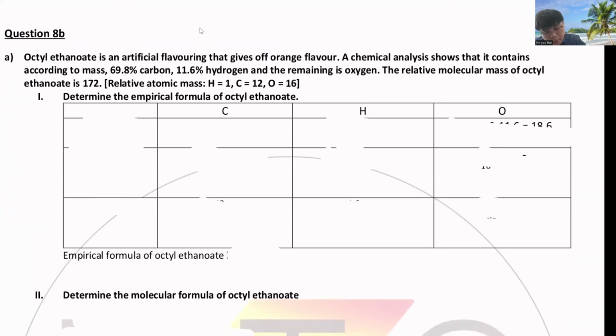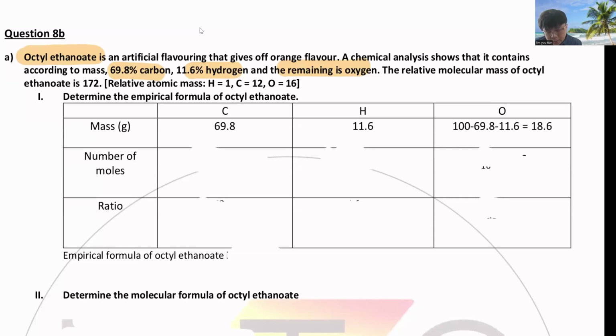You see, a more complicated formula, I don't know what it is, octane or octyl ethanoate. But the same information is given: carbon, this, and the remaining is oxygen. So same concept also. You calculate the number of moles first. After you get this already, you calculate the mole ratio.